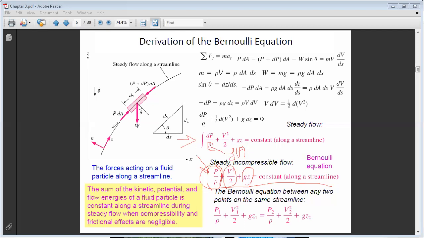So now, if I move from any point 1 to another point 2, since this term is constant over the streamline, if I apply this term at point 1 or at point 2, I get the same result. So I can say that P1 over rho plus V1 squared over 2 plus gz1 is equal to P2 over rho plus V2 squared over 2 plus gz2.